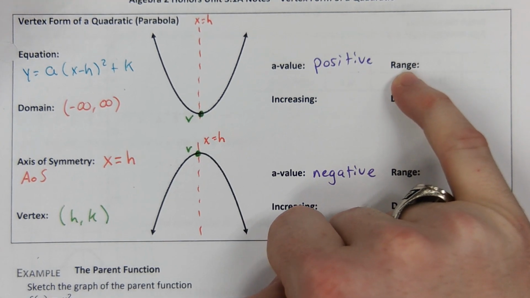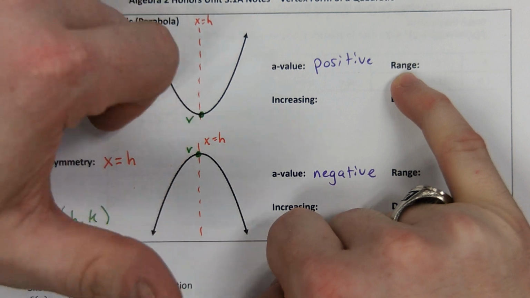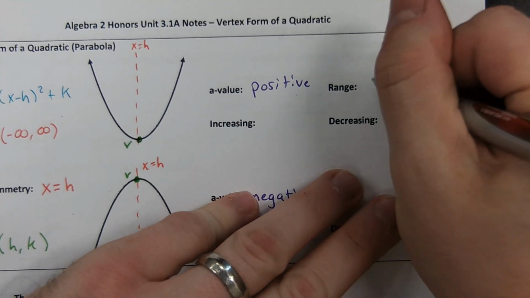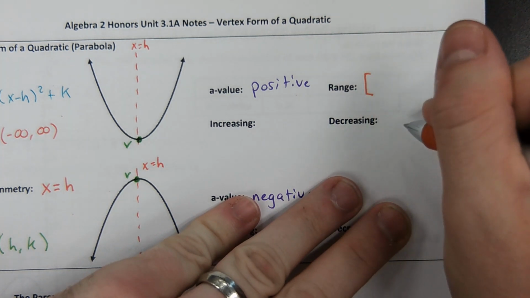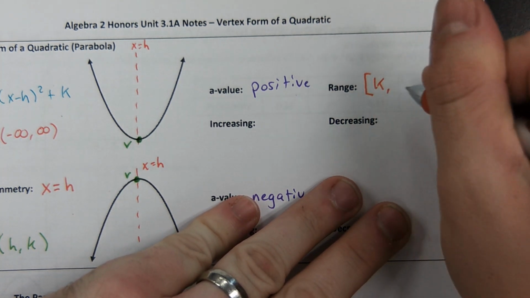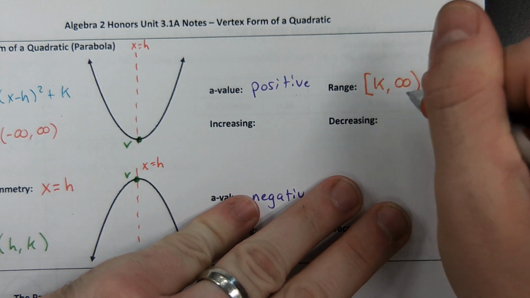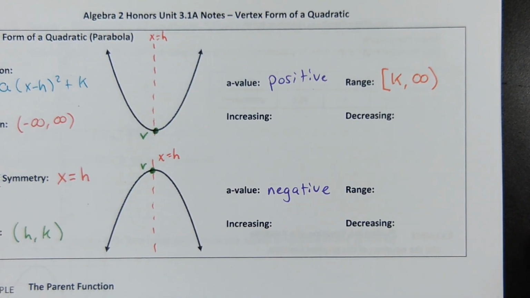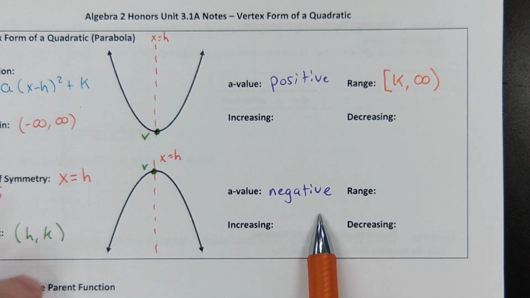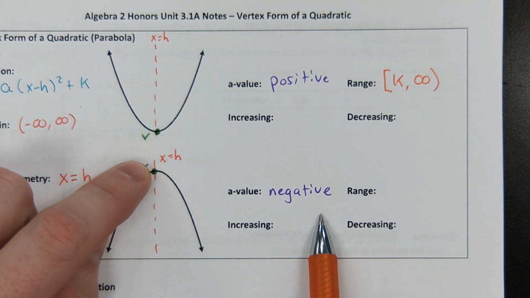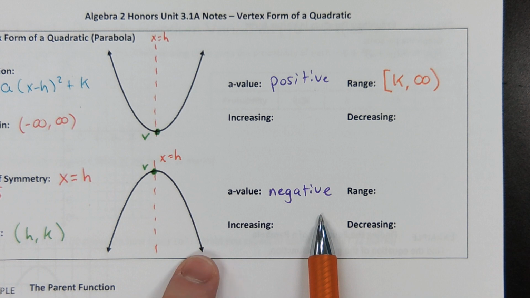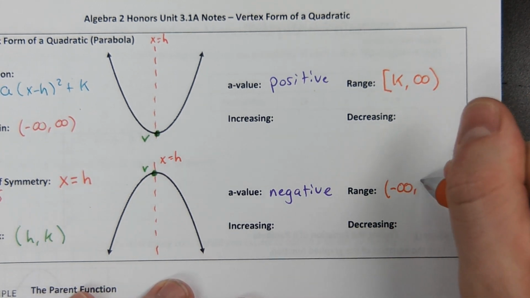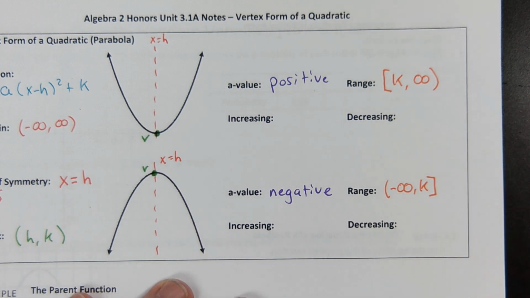This parabola has a lowest point and then goes up forever. So its range will be from the y value of the vertex, which is k, and go up towards positive infinity on the y-axis. Whereas this one, the y value of its vertex is its highest value. So it's coming up from the negative infinity realm up to the y value of the vertex.